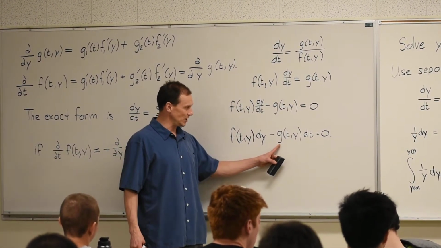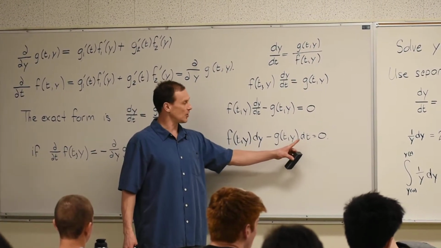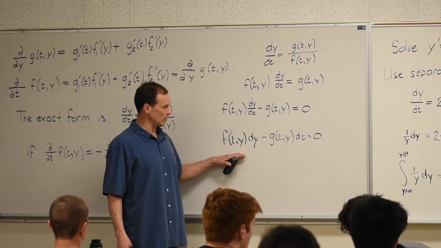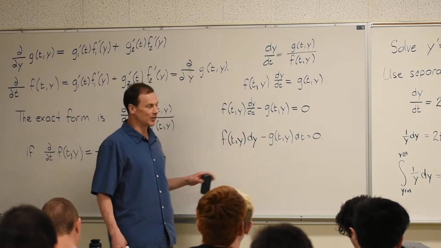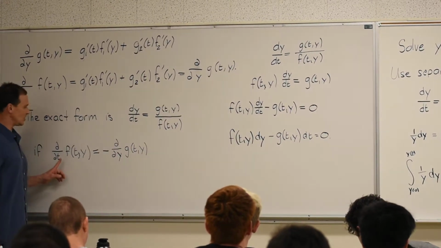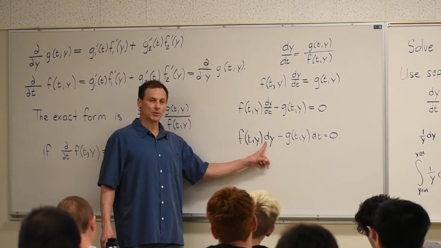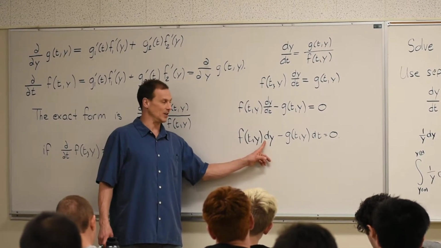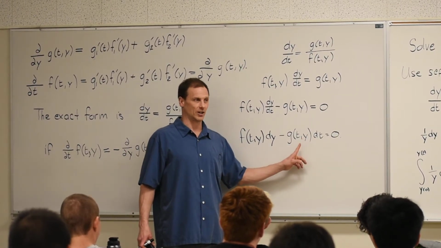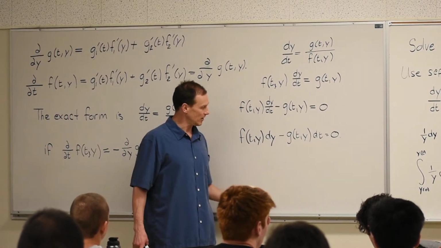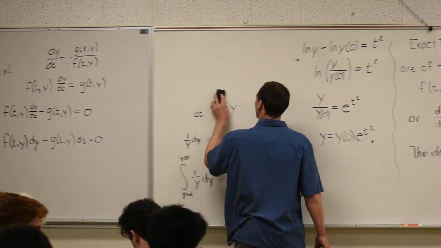Our function g was originally differentiated with respect to t. So if you look at it in this form, you can see which one has had which derivatives. And so it's easy to remember when you take the test: f has already been derived with respect to y, so I need to check it with t. G has already been dealt with respect to t, so I need to check it with respect to y. So let's try.